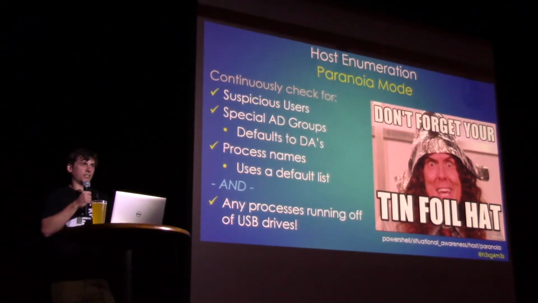It has a giant list of processes they've built over time that are different IR tools, so you'll know if you're getting investigated. Another check is whether any processes are running off USB drives. Forensics teams will come in and plug in their tool and start investigating without touching the file system, but we can look at the USB drive and see if there are any bad processes looking at us there.